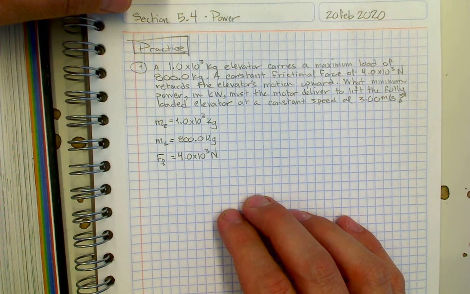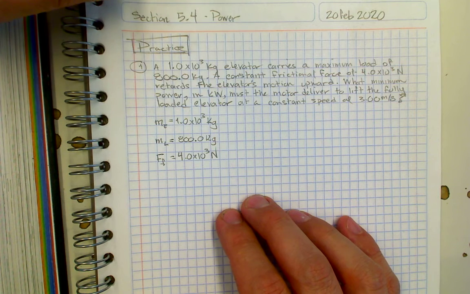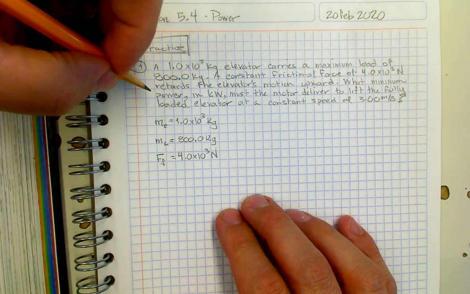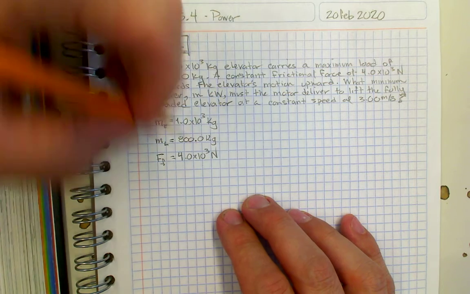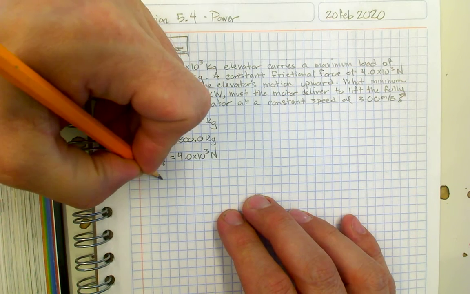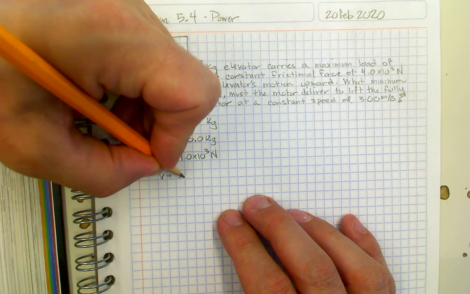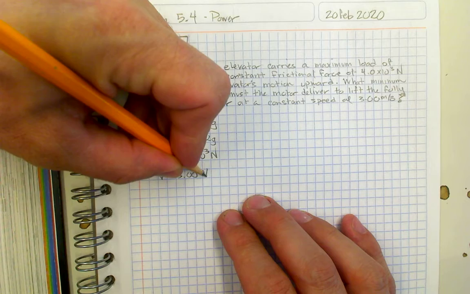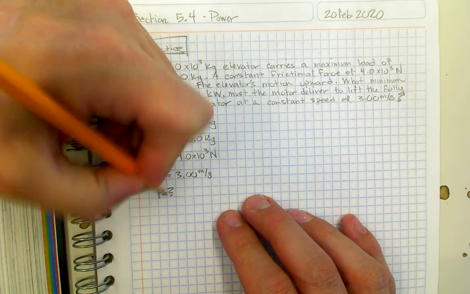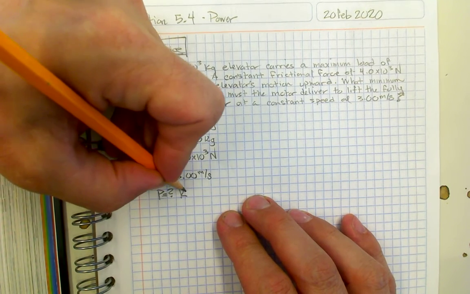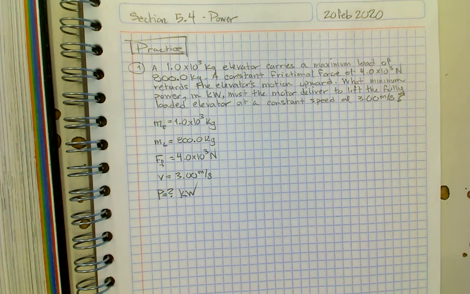What minimum power in kilowatts must the motor deliver if it's going to maintain a constant speed of 3 meters per second? Let me write that down. We have 3.00 meters per second, and we're looking for power, and we're told to report our answer in kilowatts.